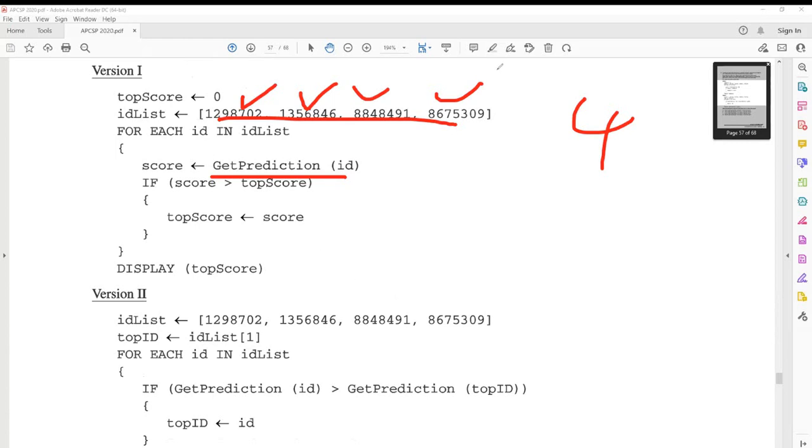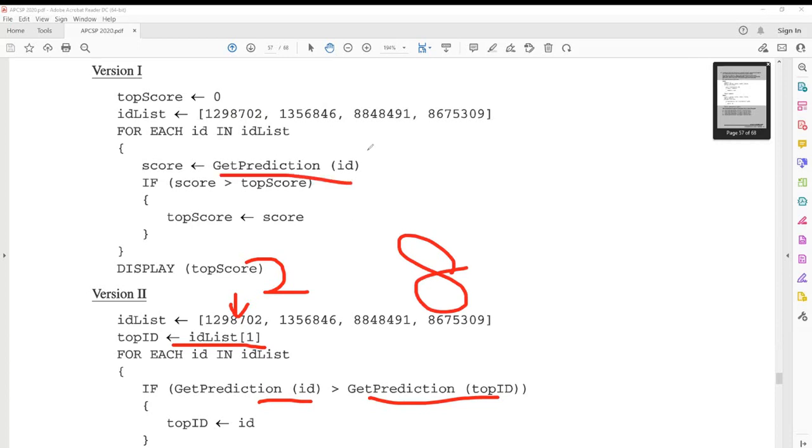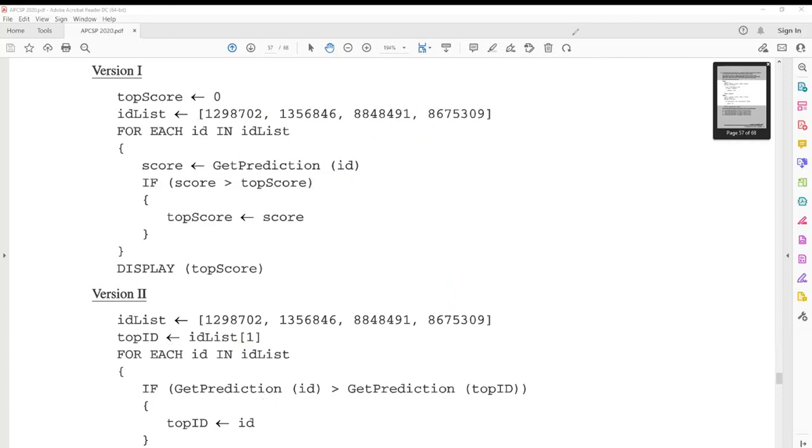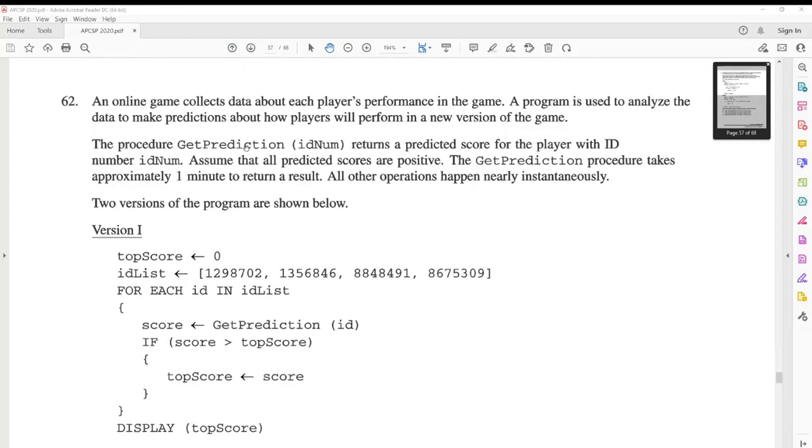Now let's look at the second one. Your top ID is assigned to this, so you start for each one. You get the prediction and get this, so each one has 2 get prediction calls. Totally you have 8 get predictions here, and in the first one you have 4 get predictions.